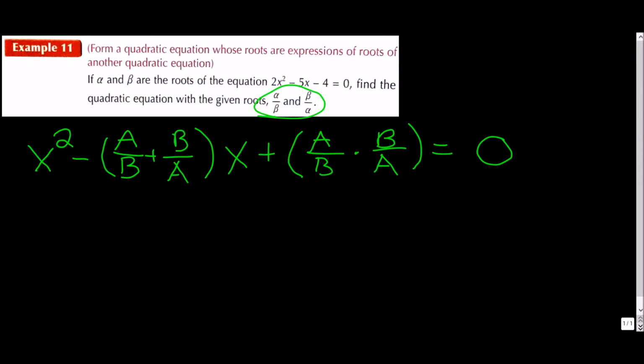So what we want to try to do now is simplify this as best we can. We will see x squared minus, now if we do alpha over beta plus beta over alpha, we're going to use our little algorithm we learned earlier. We multiply down, so we get alpha squared, plus sign in the middle, beta squared over alpha beta.